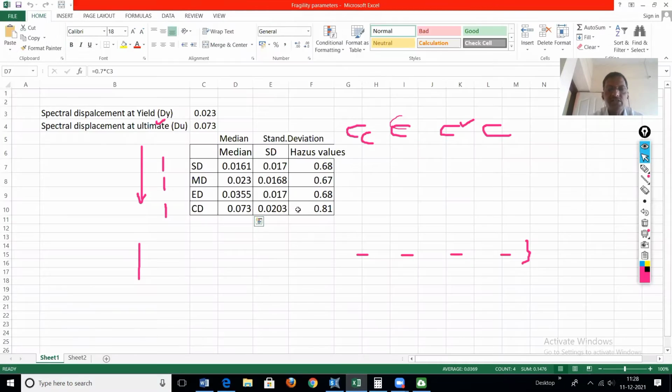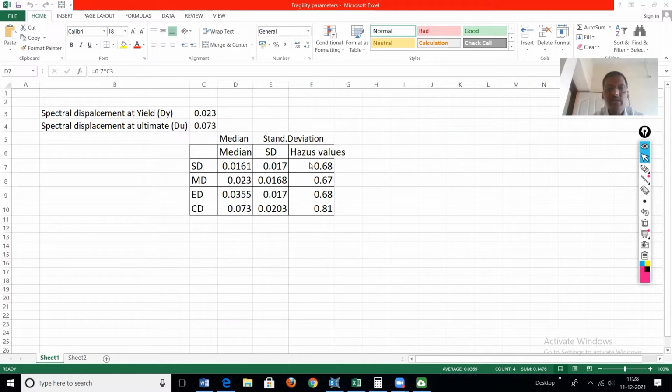So in the Excel sheet, these are the 4 values. These are given in inches, remember. So these are the Hazus values for beta. It is standard. First for slight damage it is 0.68. Then for moderate damage, 0.67, 0.68, and 0.81.